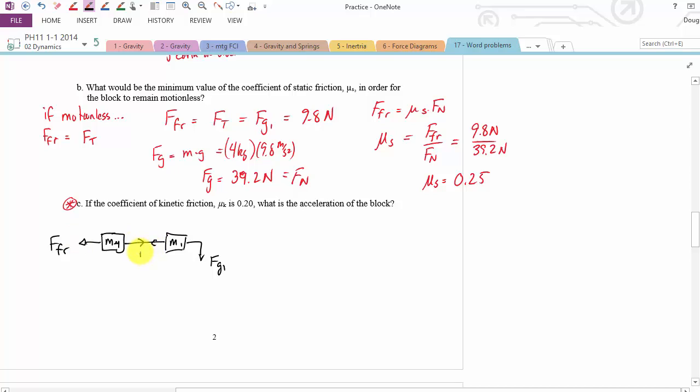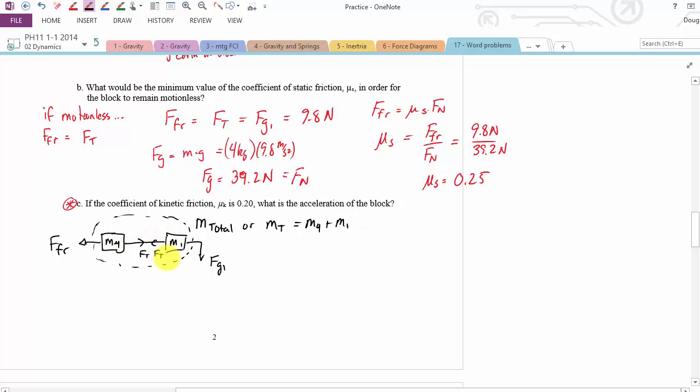In here is some tension, but those tensions are equal and opposite. So if we think of this as just one big object, think of it as mass total, or MT, which is M4 plus M1. So now we have a much simpler problem to work with.